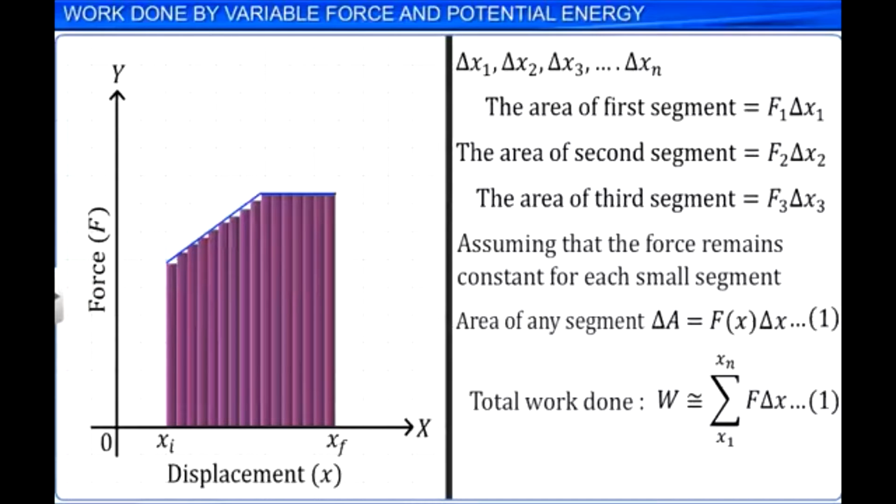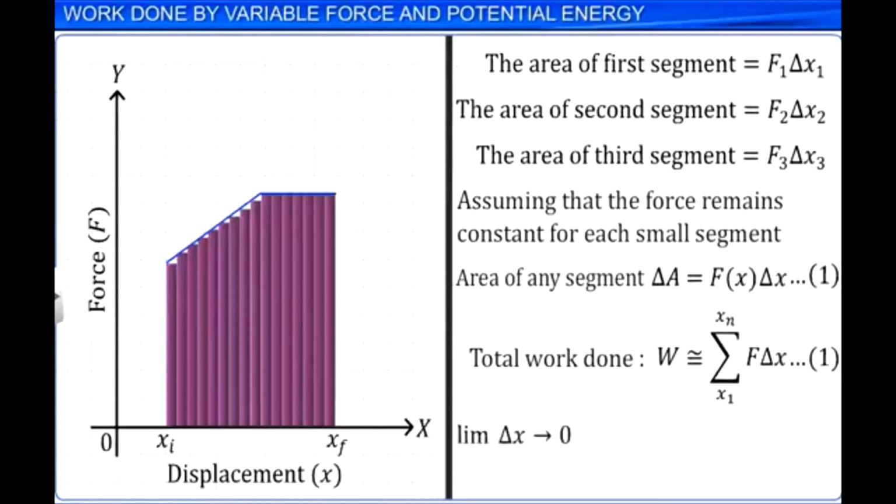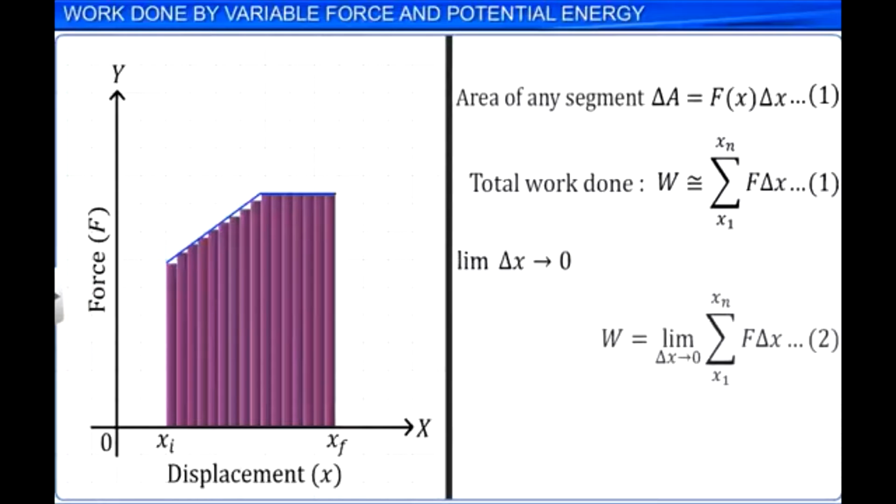If the size of each segment is very small, tending to 0, and we have a large number of such segments, the total work done is calculated as W equals sigma of F delta x between the limits x1 to xn, as delta x tends to 0.